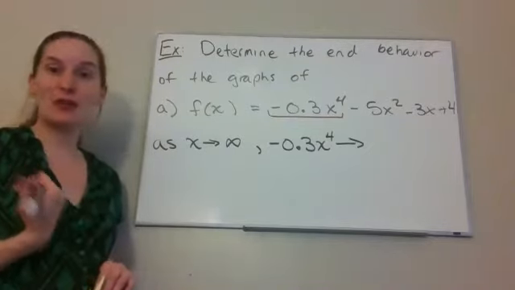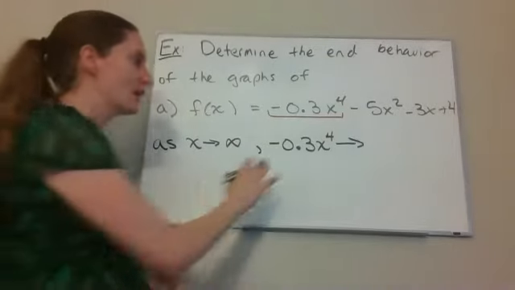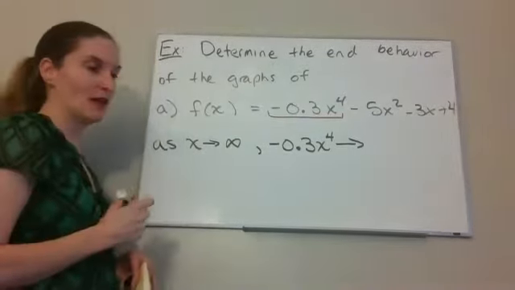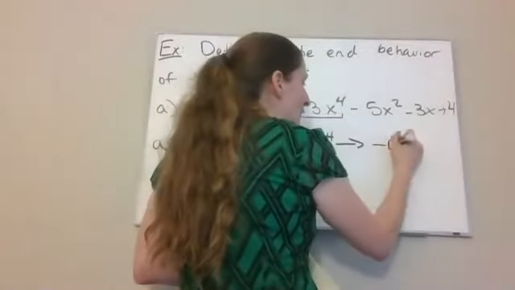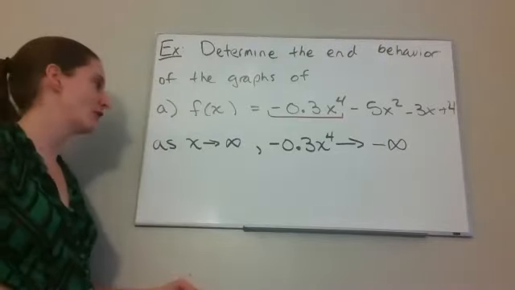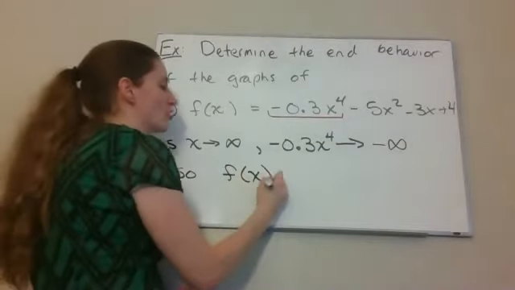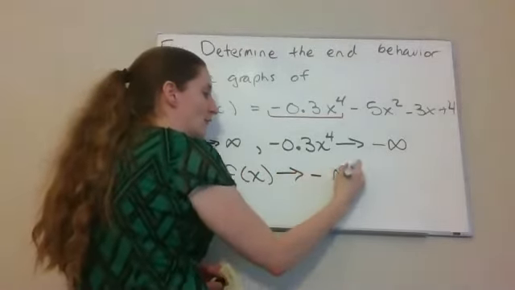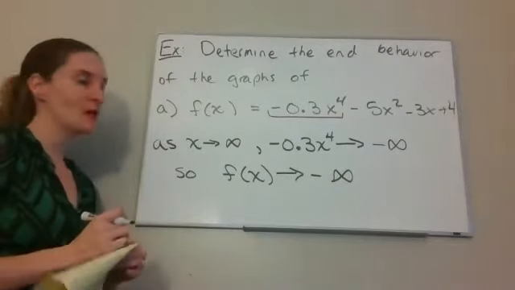It's going to be even bigger. So it's going to be some really huge number times a negative 0.3. Well, it's still going to be a huge number, but that negative makes the whole thing go to the negative side. So it's going to go to negative infinity. So this means that the entire function also goes to negative infinity. It follows the behavior of that first term.